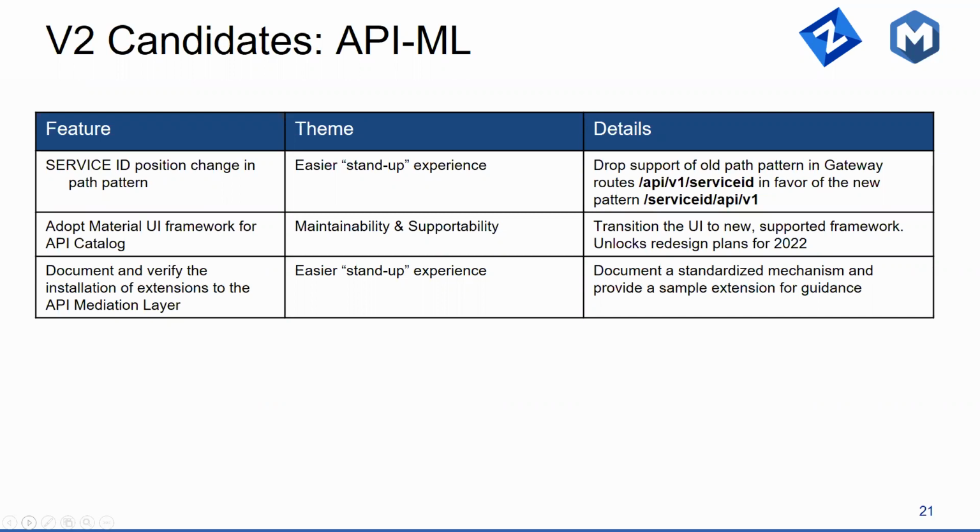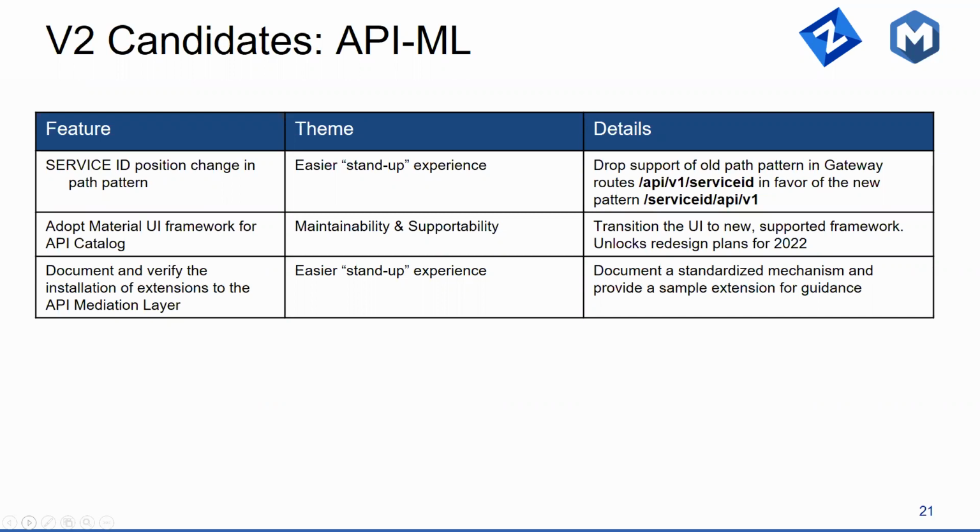And so we've chosen to move to Material. That's going to come out with version 2, and it's going to enable us to unlock some of our other redesign plans for the API catalog throughout the V2 lifecycle.